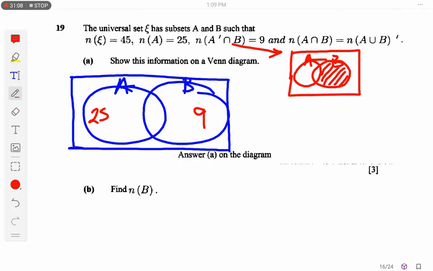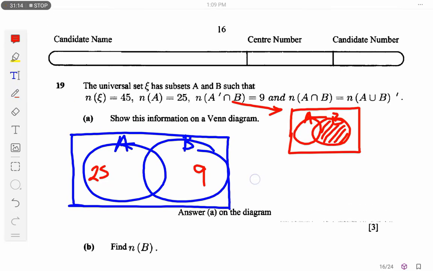Then we have the other part there, which is saying number of A intersection B is equal to the number of A union B, what is not in there. Basically, what this means is A union B, when we combine A and B, what we don't have in those two.